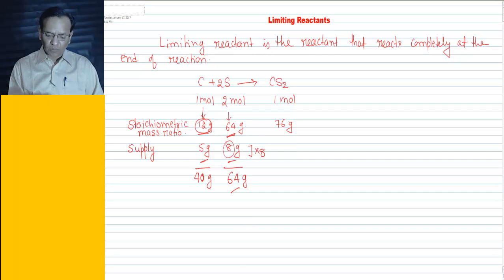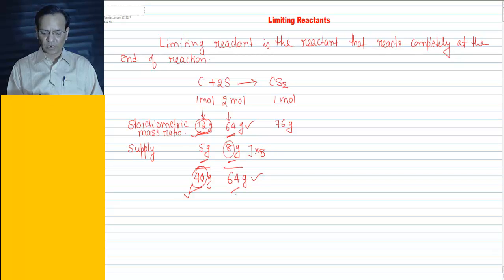So if we make one of the masses equal to the stoichiometric mass, the other mass can be either greater or less than the stoichiometric mass. Here we have obtained 40, which is greater than 12. Means we have been supplied 40 when the requirement is only 12.